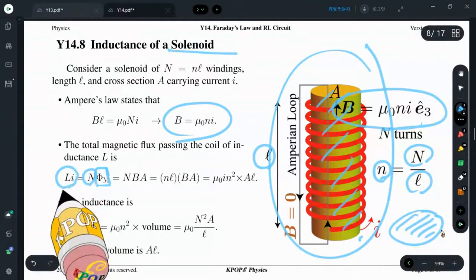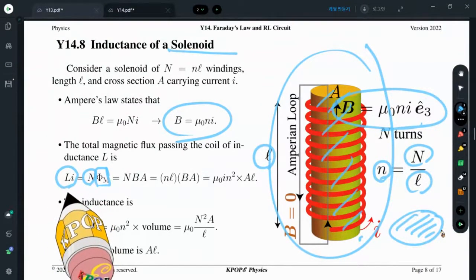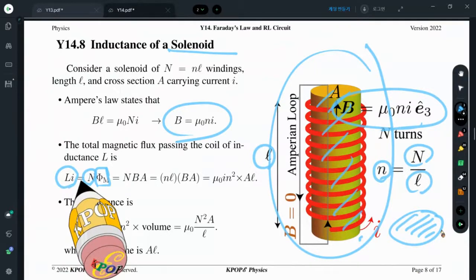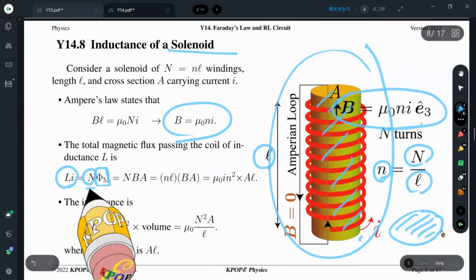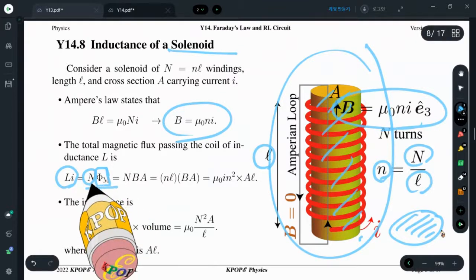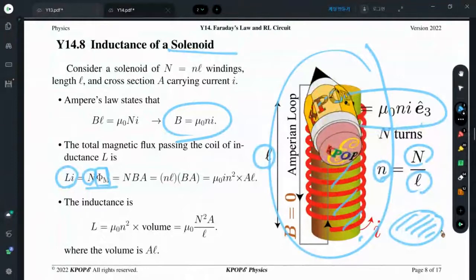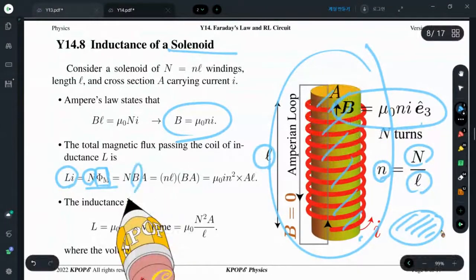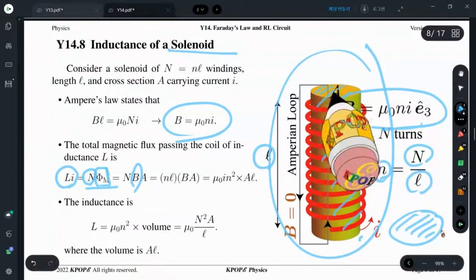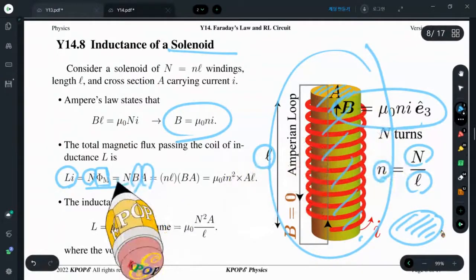We can find the inductance multiplied by current. The inductance multiplied by current is the total flux, and in the case of a solenoid, the total flux is the constant magnetic field times the cross-sectional area times the number of turns.